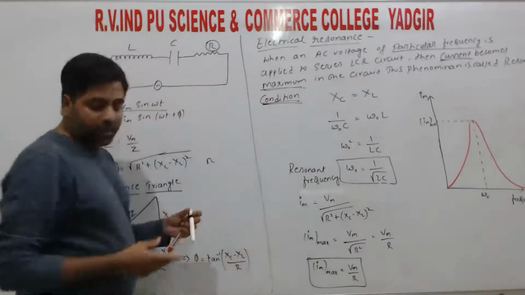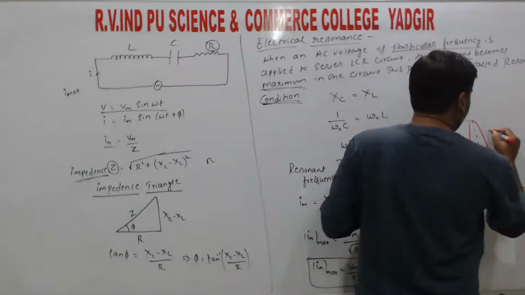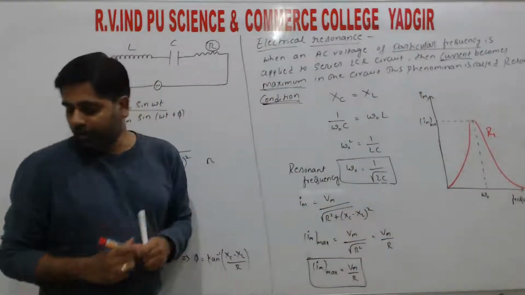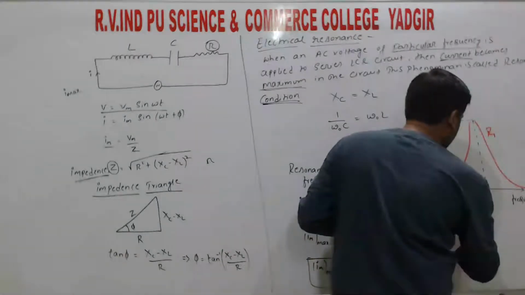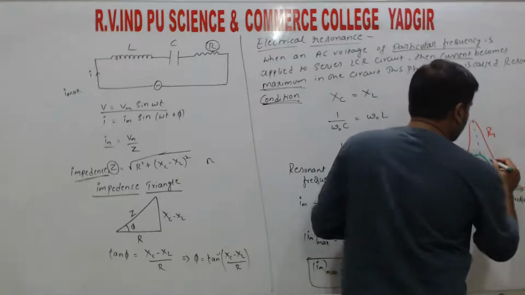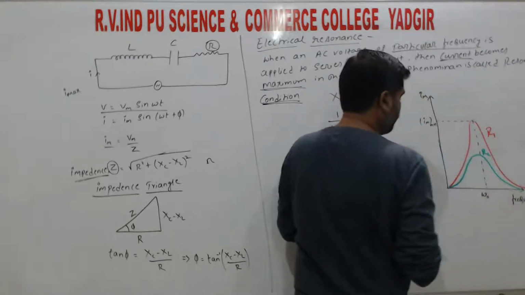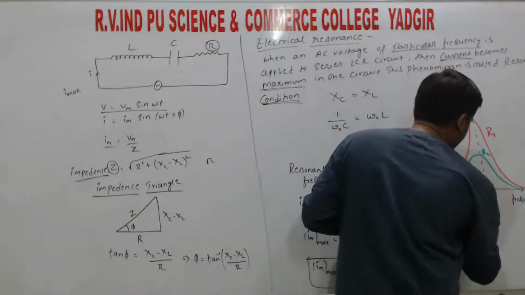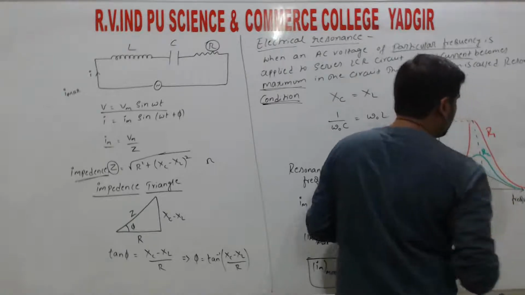So if we take a few more, we call this one for R1, that is for the resistance R1. So in the green line we represent that is for R2. So in the black line that is R2.